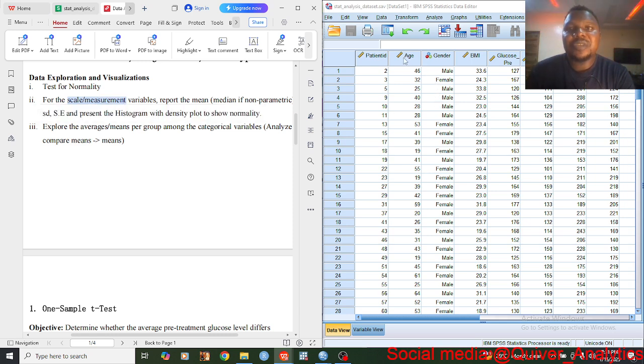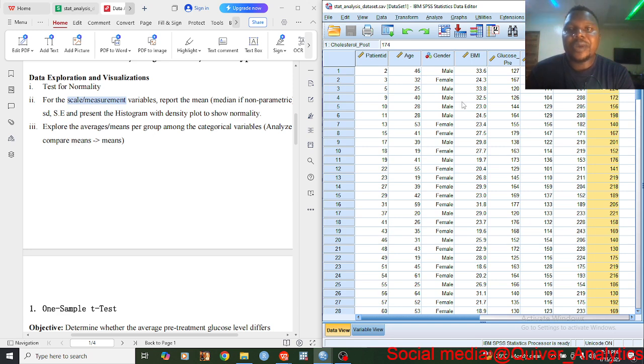Examples of scale measurements are the age, the BMI, the glucose pre, the glucose post, cholesterol pre, cholesterol post, because they are measurements. They are values. So presenting this type of data, you do your mean, you can report the median as well, and the standard error, standard deviation, and so on.